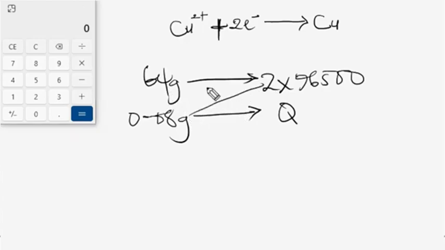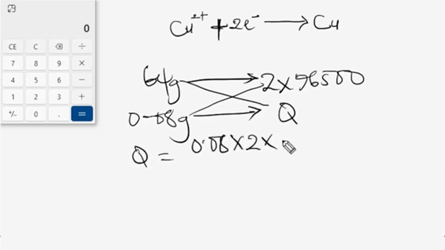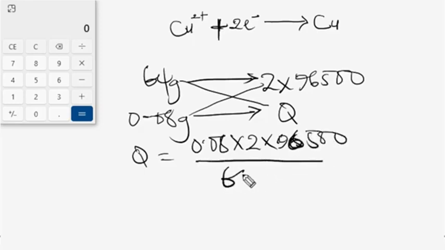We are going to cross this, and we're going to have our Q to be 0.08 times 2 times 96,500. Oh, sorry for this, 96,500. So over 64. So let's go ahead and calculate this.